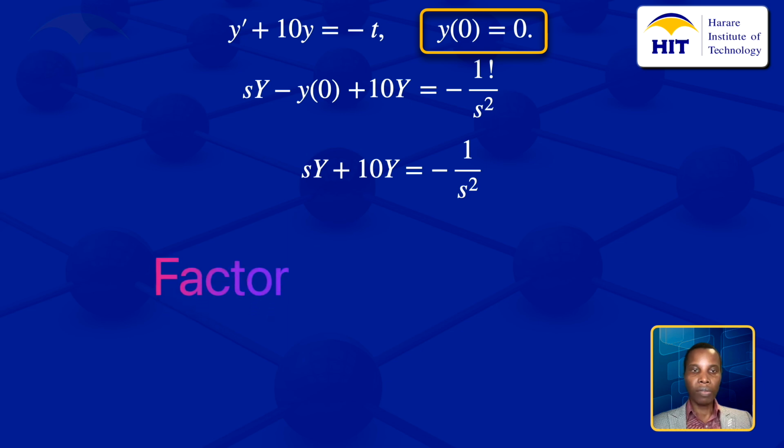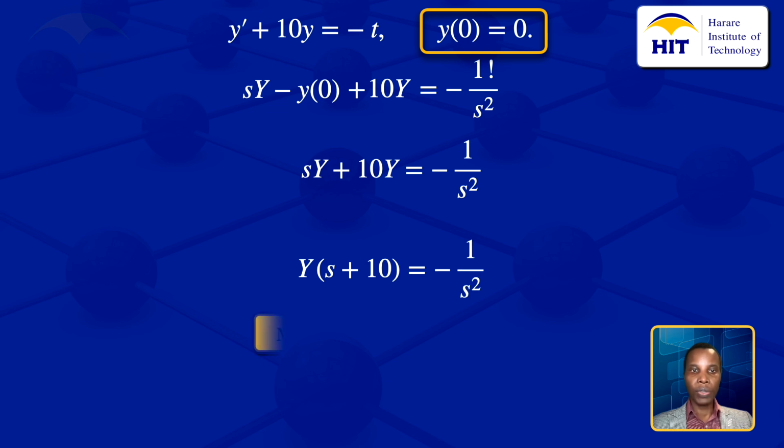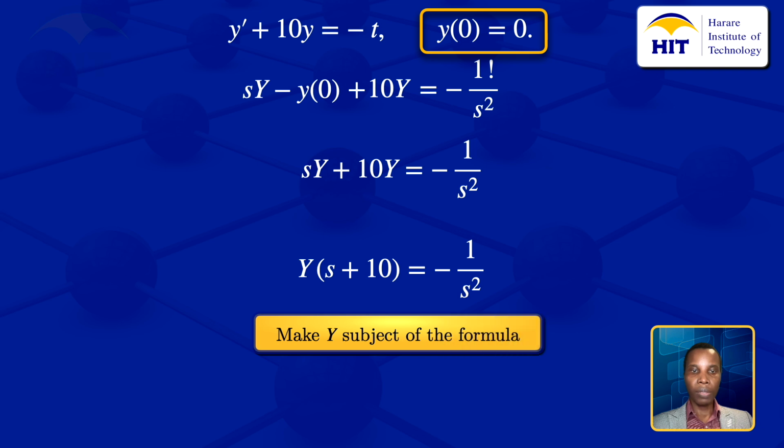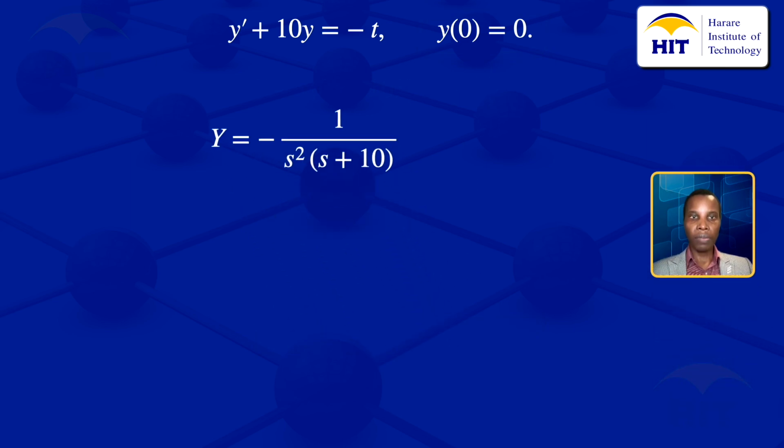But here we can factor this Y, so that our equation becomes Y multiplied by s plus 10 is equal to minus 1 over s squared. And the next step is to make Y subject of the formula. So if we make Y subject of the formula, what we get is Y is equal to minus 1 divided by s squared multiplied by s plus 10. So that's the equation that we have now.